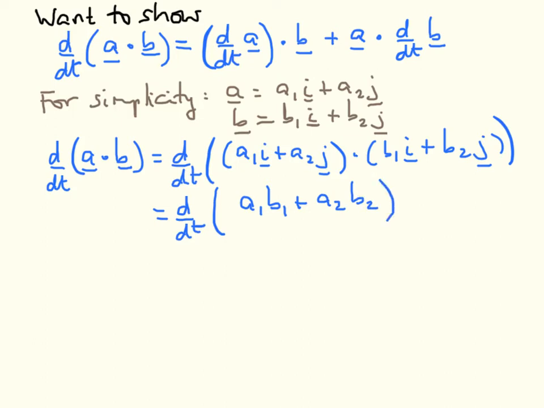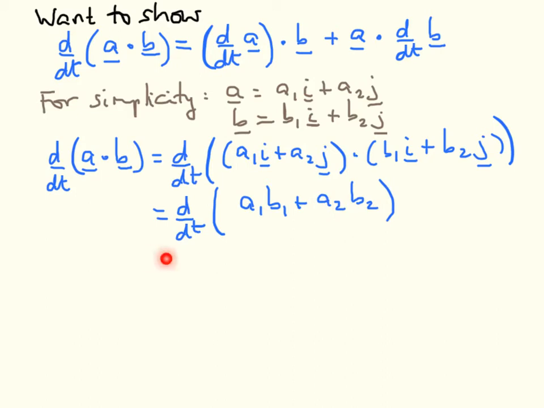So we've just taken the scalar product here, and you multiply this coefficient by this coefficient, and you add this coefficient times that coefficient. And now, and I think this is unsurprising, we are going to use the product rule to differentiate these terms. So it's a sum of terms, we differentiate this, and then we add the derivative of that, and for both of these terms we're going to use the product rule.